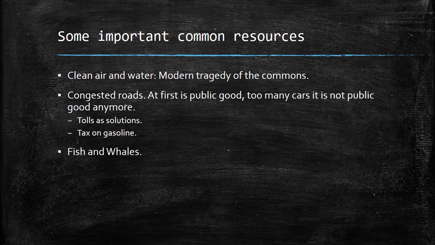Another example: fish, whales and wildlife in general. The fact that you go there and start to fish automatically decreases the quantity of fish that other people can use.